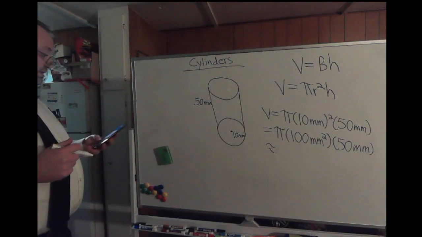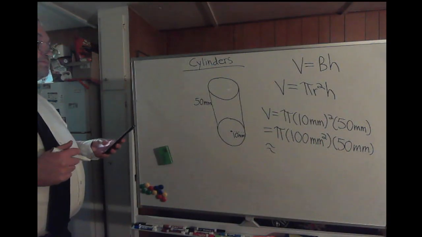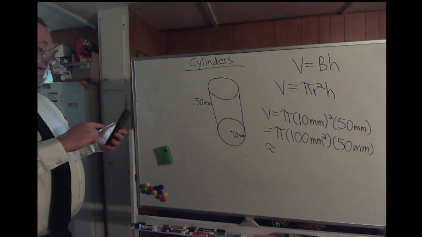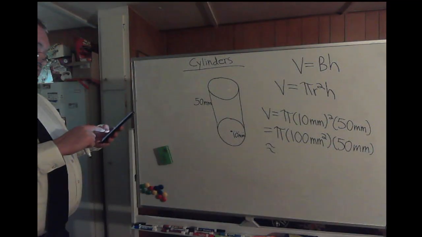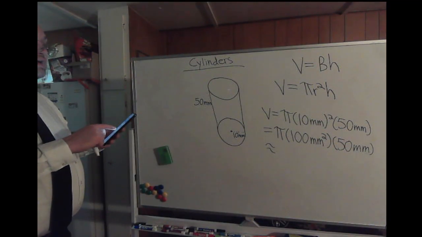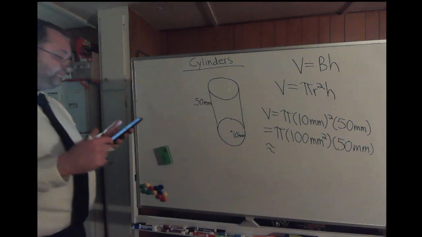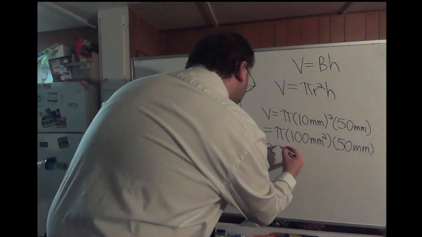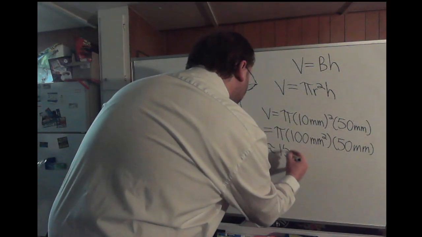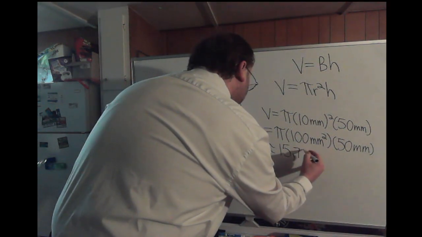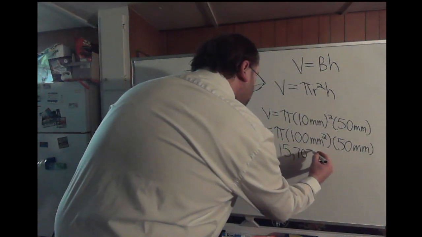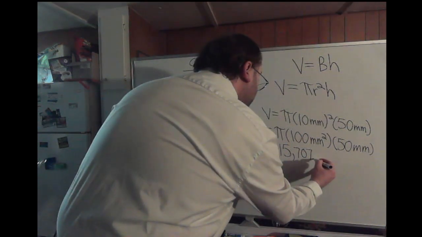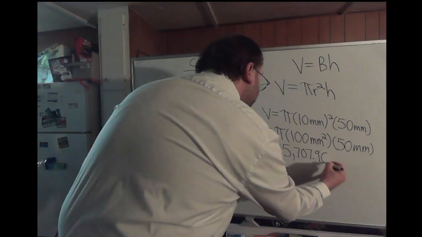So in the calculator, we're going to put in pi times 100 times 50. You get approximately 15,707.96.